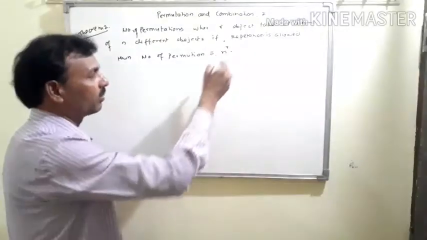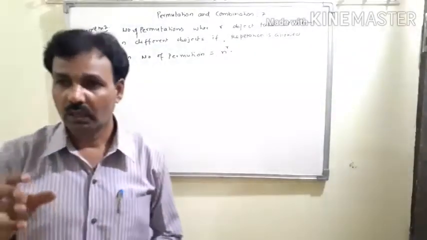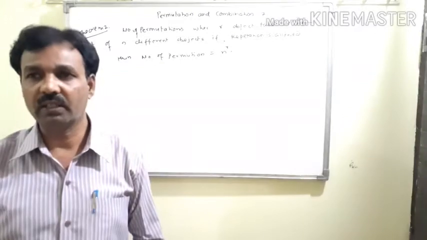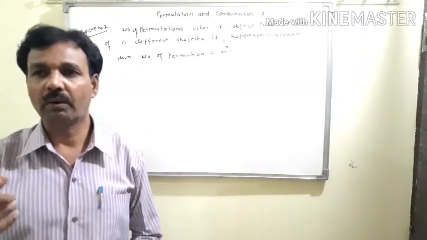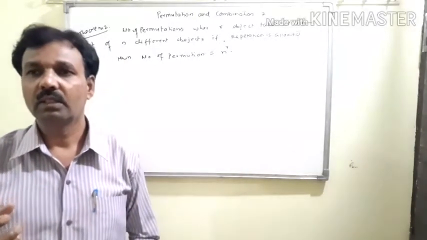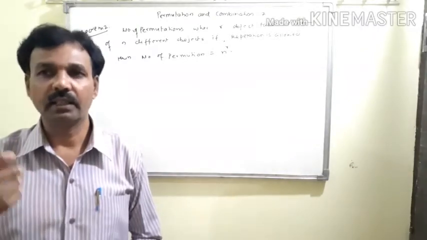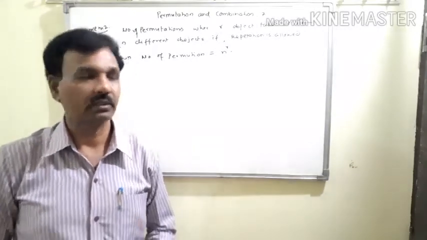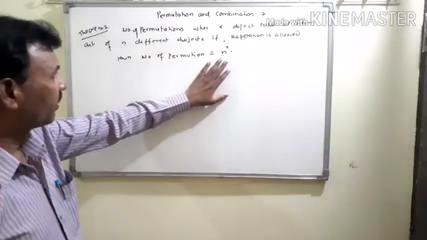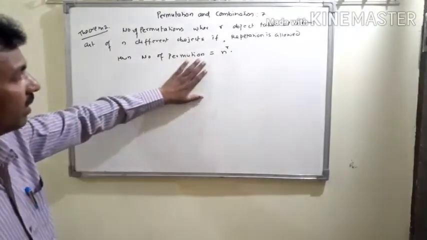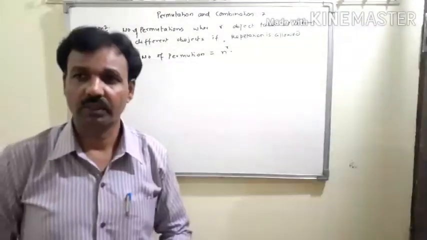That means the total number of different objects to the power of the number of objects taken at a time to form the permutation. This is the formula for finding the number of permutations when repetition is allowed.